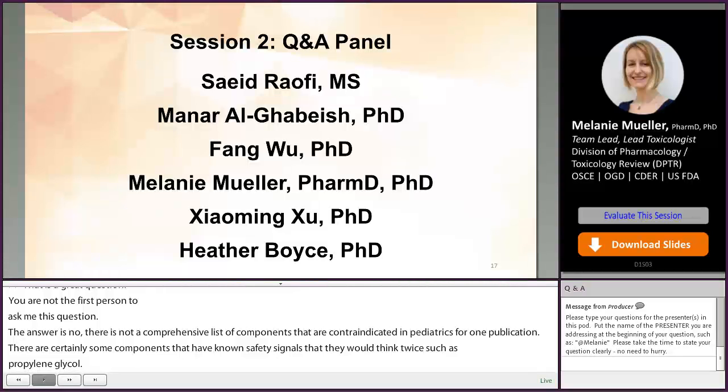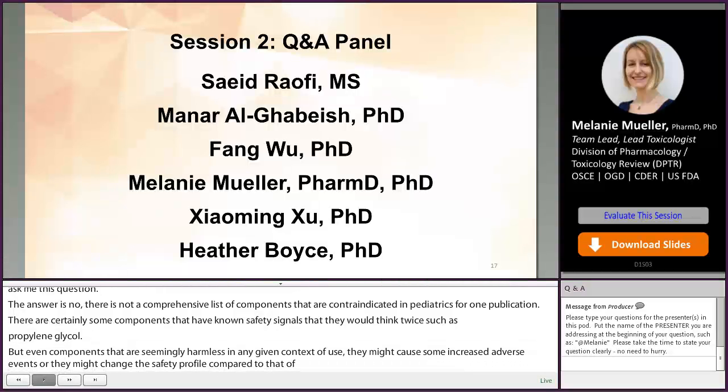One simple example is medium chain triglycerides. Say you have them in a large amount in an antibiotic that's causing diarrhea as a side effect, and now you have a sizable amount of medium chain triglycerides in that same product. That might increase the risk of the side effect.